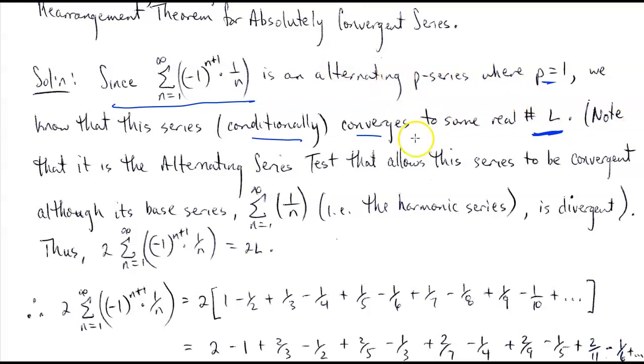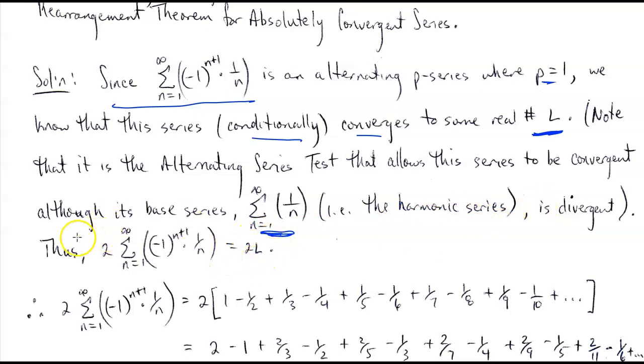We also want to note that it's the alternating series test that allows the series to be convergent, although its base is the harmonic series, which is divergent.